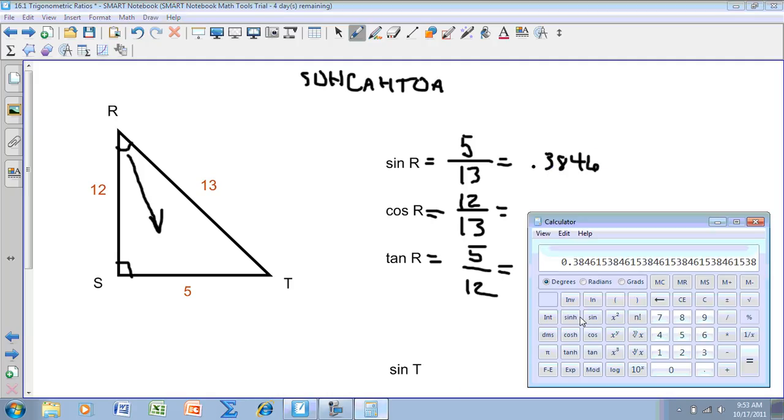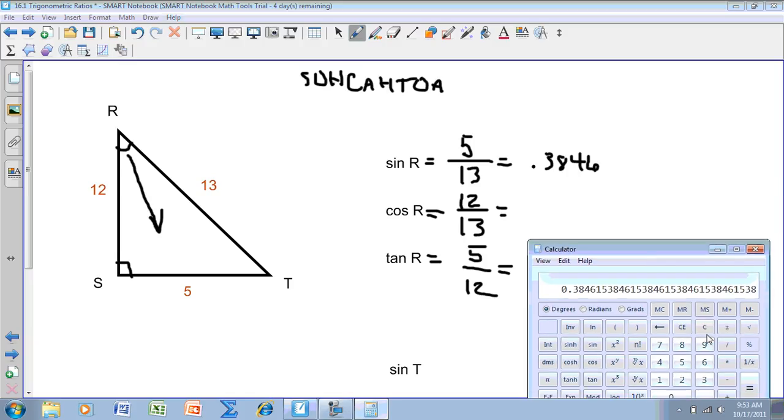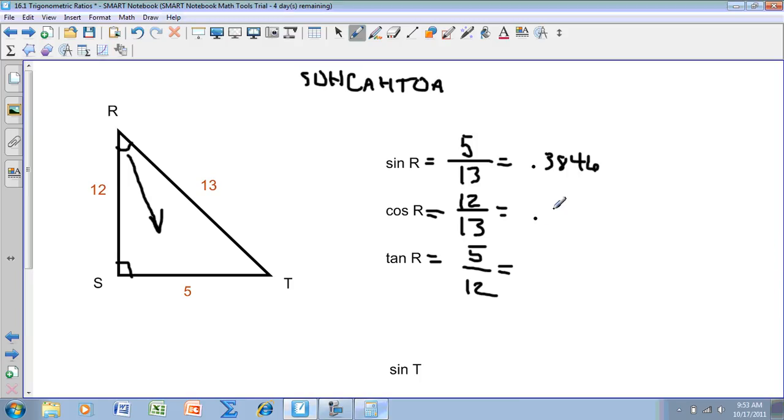What about the cosine of R? Well, that would be 12 divided by 13. 0.92307. The 7 tells the 0 to become a 1. 0.9231. Same thing with the tangent.